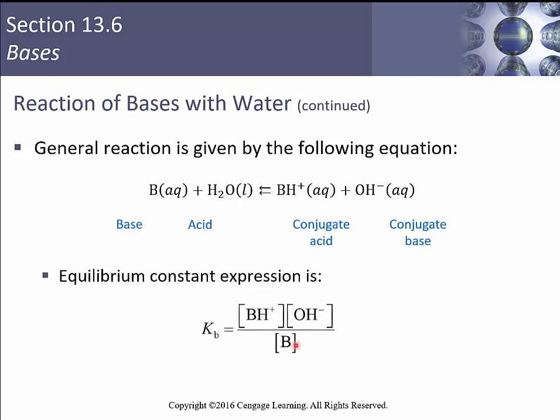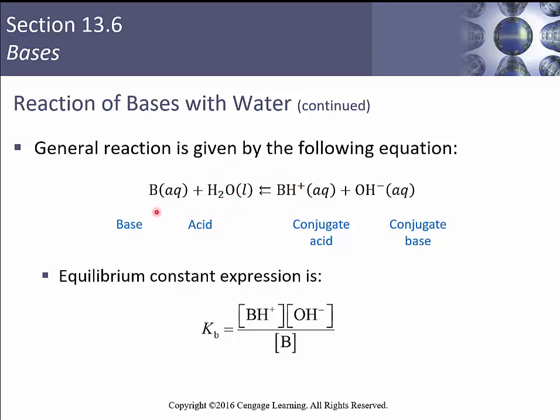And one of the places that they can pick up a proton from, so we're going to specify this weak base as a B for base, and then the water is going to act like an acid. Even though water is a very weak acid, the weakest acid there is, it's still able to have that proton removed.